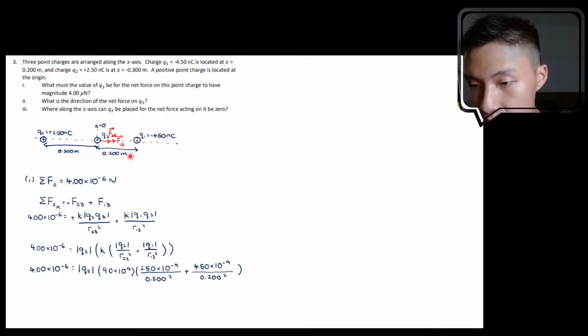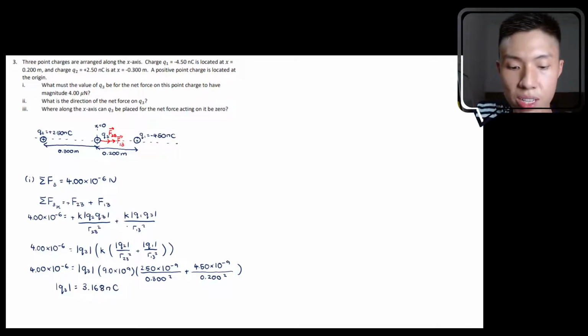Now the only unknown you have is the modulus of Q3. If you key into your calculator, you get the modulus of Q3 to be equal to 3.168 nanocoulomb. Since they already tell you in the question that it's a positive point charge, you don't have to worry about the sign anymore.